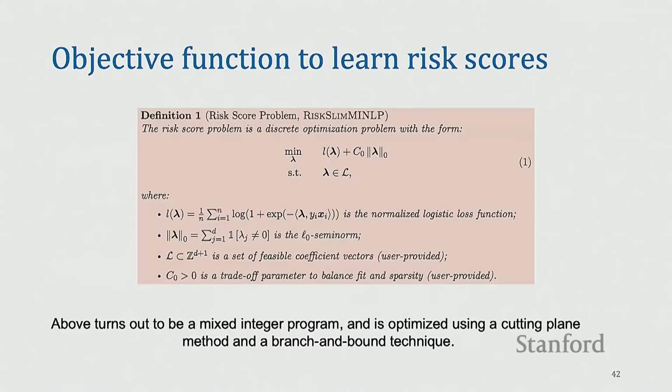Okay, so how do we now construct these kinds of risk score checklists using data? That is the question that was dealt with by Ustun and Rudin in 2016. This is roughly the kind of problem that they formulate.